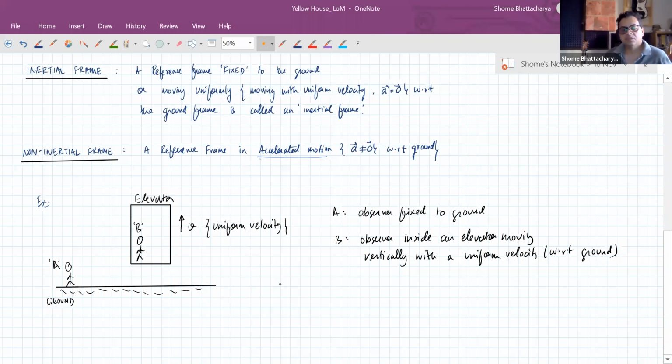Now the simple thing is, suppose a ball is dropped inside the elevator, in free fall.